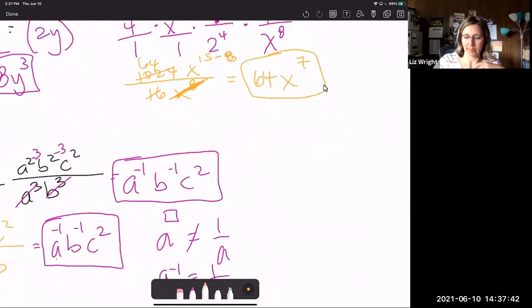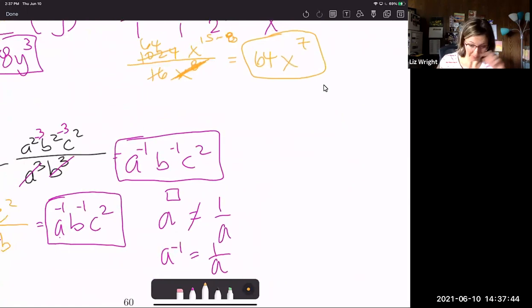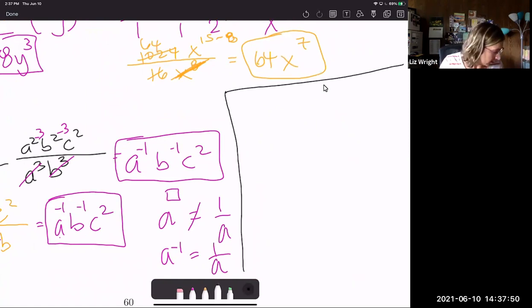I think I'm going to try to make use of this space over here. Let's see. All right, well, here's our expression. Our expression is 24 x to the 8th y squared.